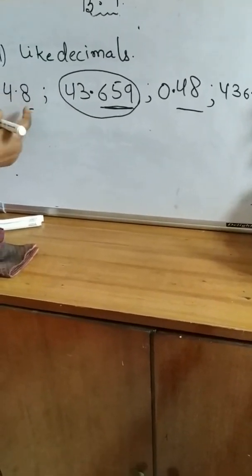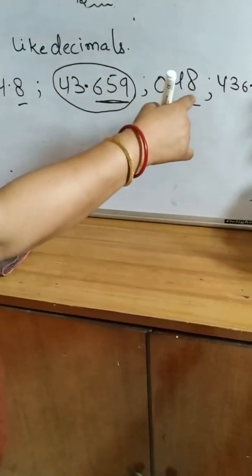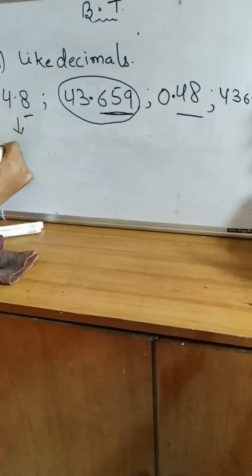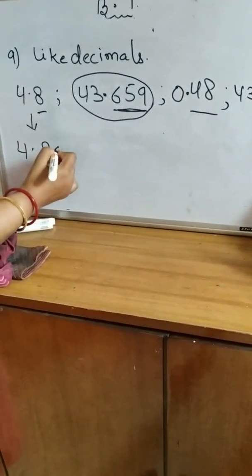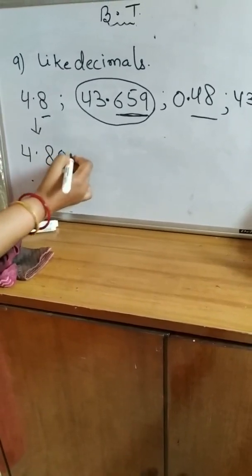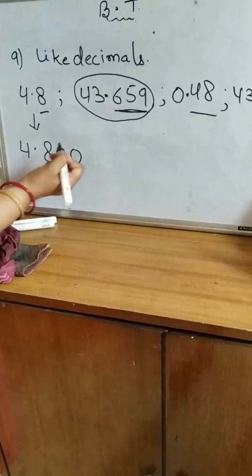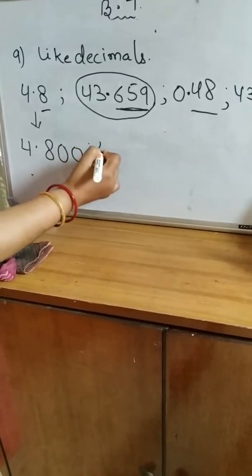So we have to convert all these decimal numbers into 3 digits in the decimal part. Let's start with 4.8, only one digit is there. When there is only one digit, we can make it 3 digits by inserting 0s to the right side of this decimal part.